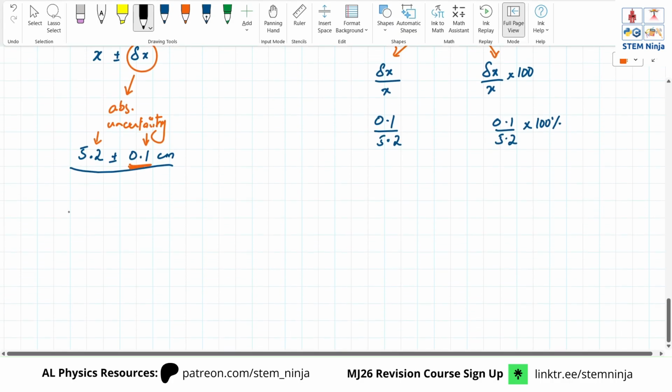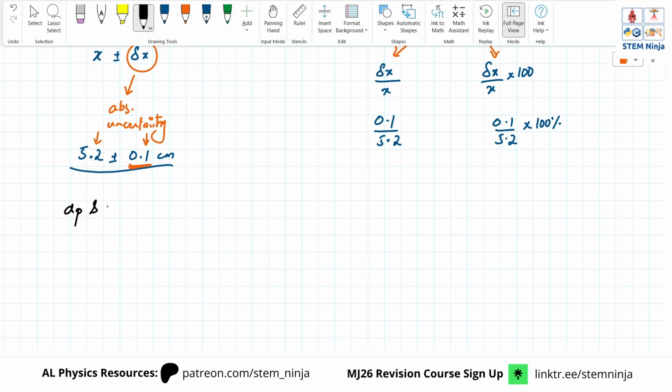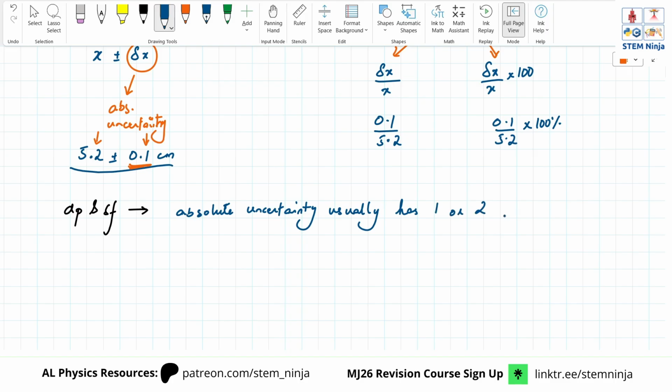So the point to note over here about the decimal places and significant figures to remember is that the uncertainty, the absolute uncertainty, usually can be reported with one or two significant figures.